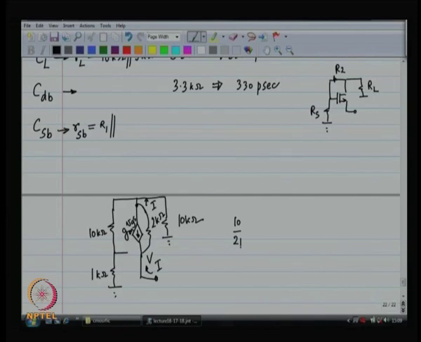So, 10 by 21 times the current I will go towards the source. Agreed? Now, this is 10 by 21 I coming, and what is the drop across 1 kilo ohm? This times 1 kilo ohm is the voltage that is on the gate.